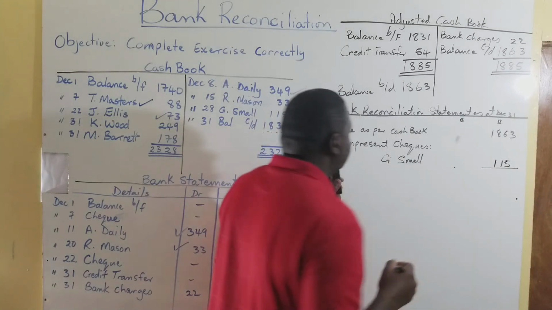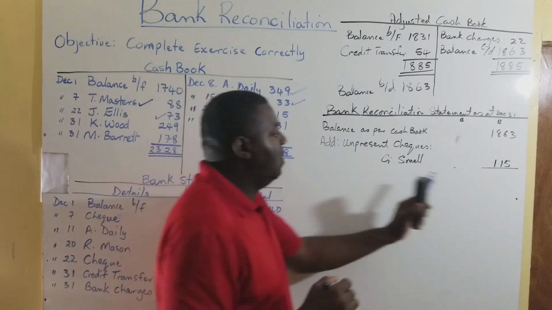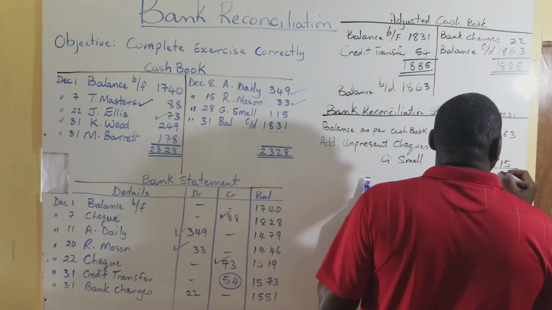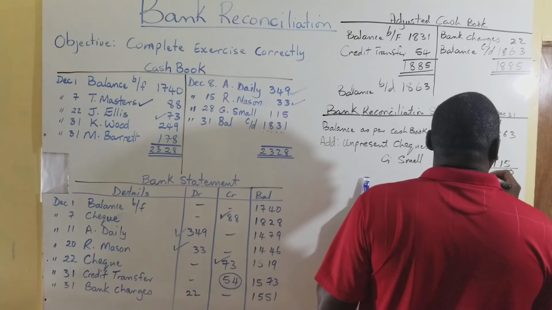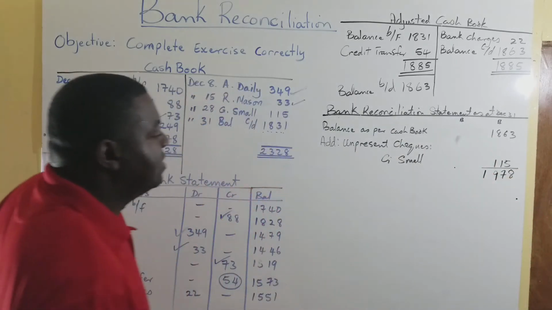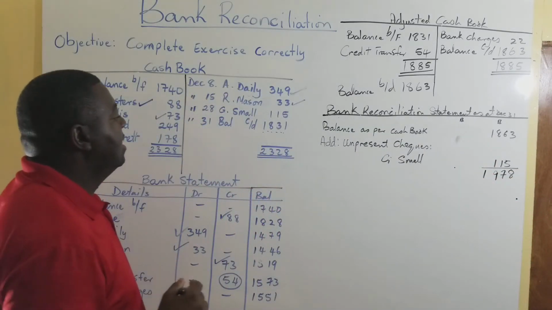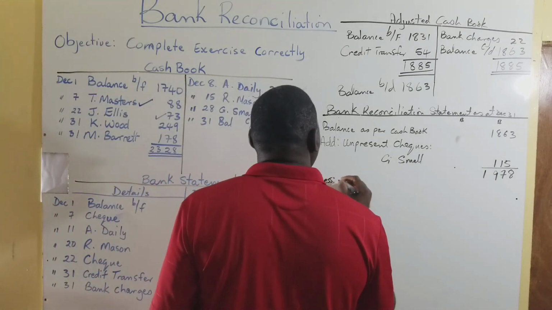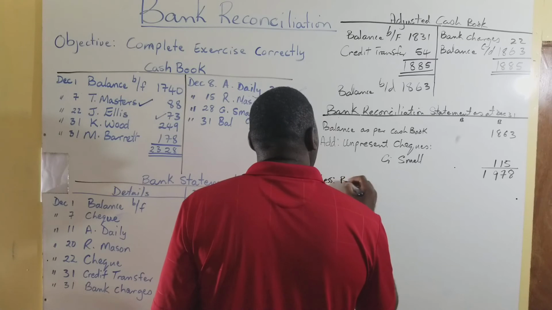Now we said we're going to add the unpresented check, so we're adding these two figures. So it's going to be 8 and 7 and 9 and 1. 1,978.